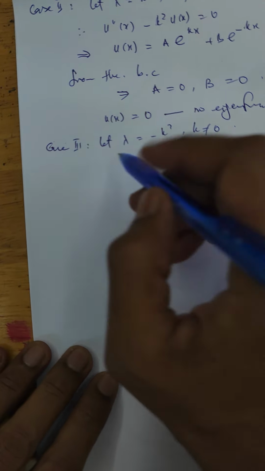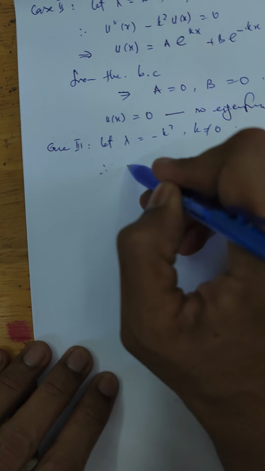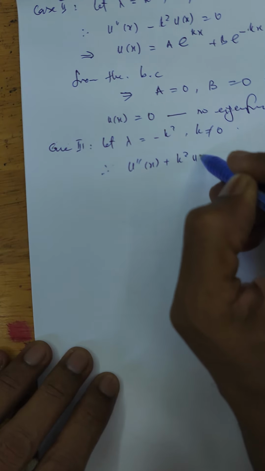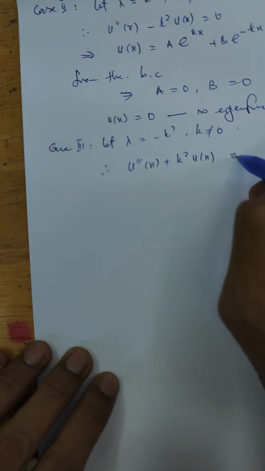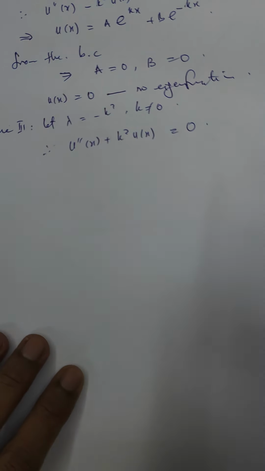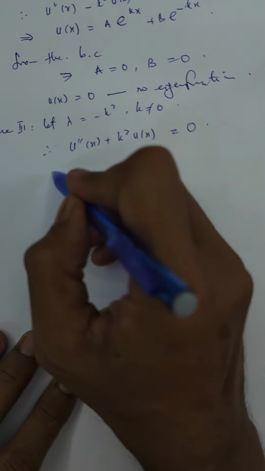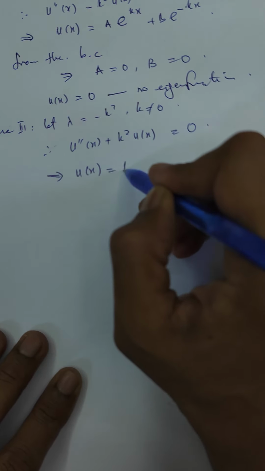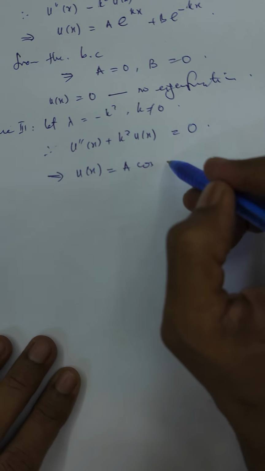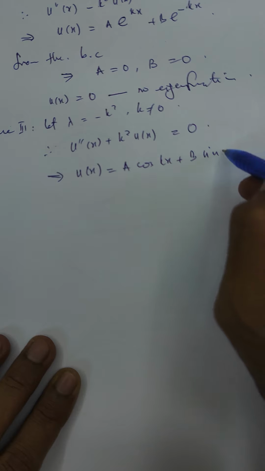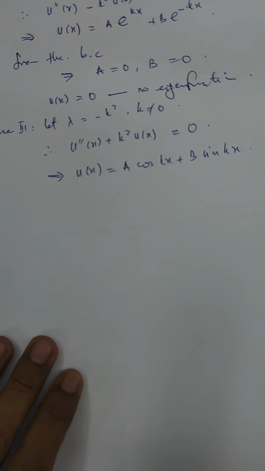So we have our equation u double prime x plus k squared u(x) equal to 0. From that you get the general solution. The general solution is u(x) is equal to a cos kx plus b sin kx.